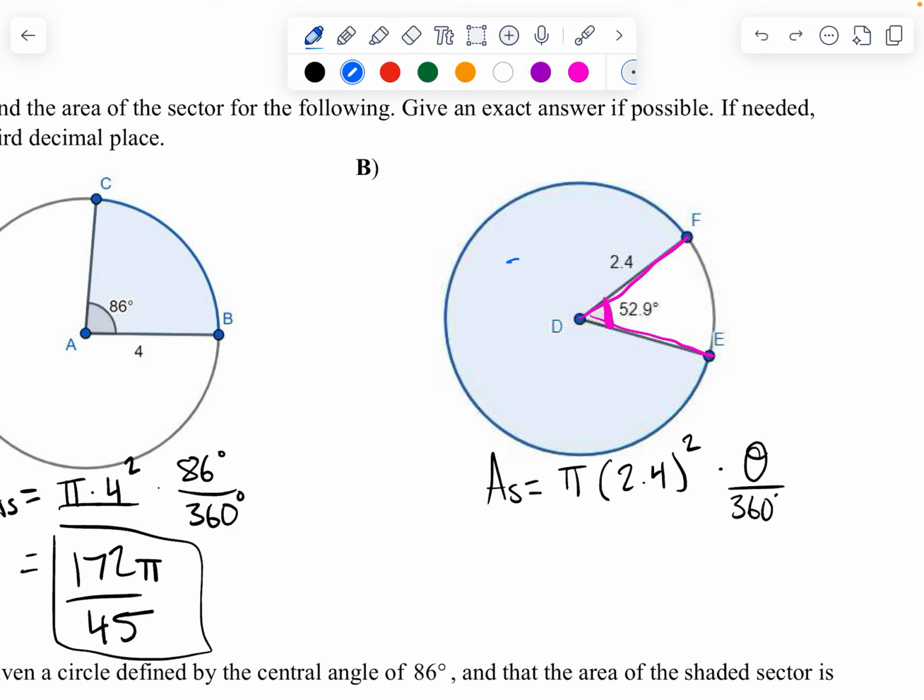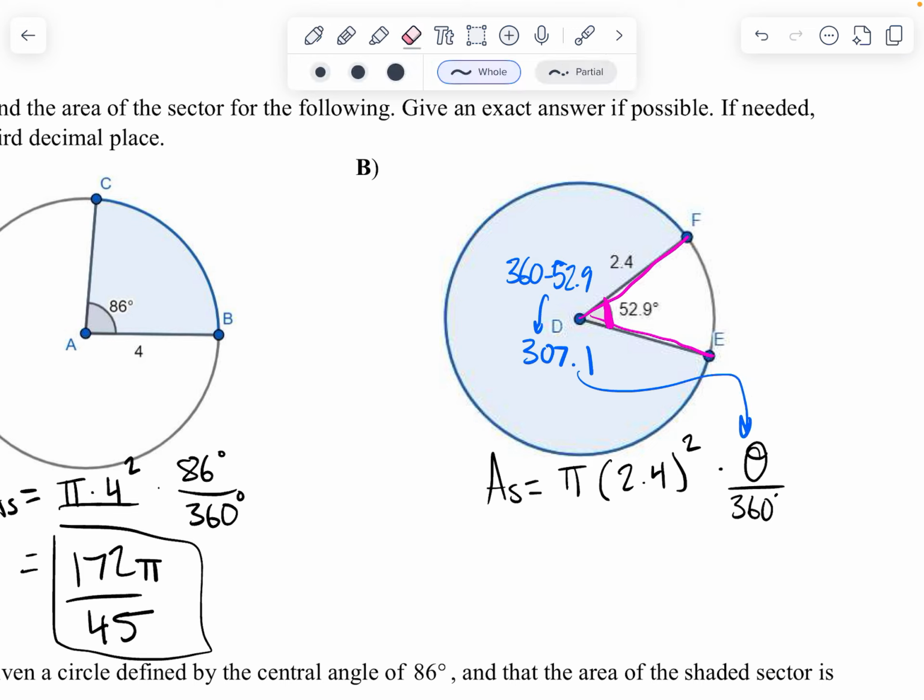So to find what we do need, 360 minus 52.9, and then that should get us the actual angle that we're looking for. So in our case, that should be, I think it's 307.1, right? So that means that is our angle right there, 307.1, and now we're good to find it, right?